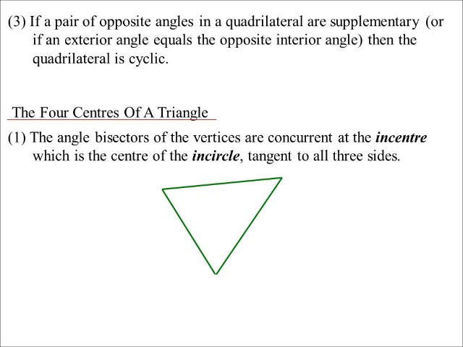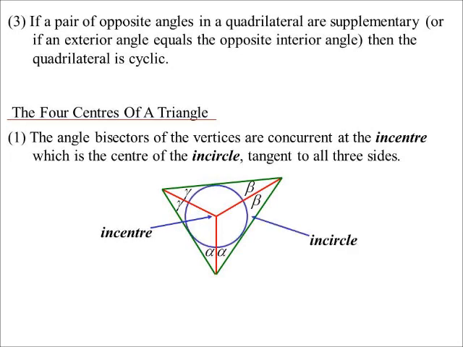The angle bisectors meet at the in-centre, and the circle you can create is the in-circle, because what you're basically saying is the vertices are all tangents from an external point, if you like. So it creates the tangents to the circle. So we call it the in-circle because the circle is inside the triangle.